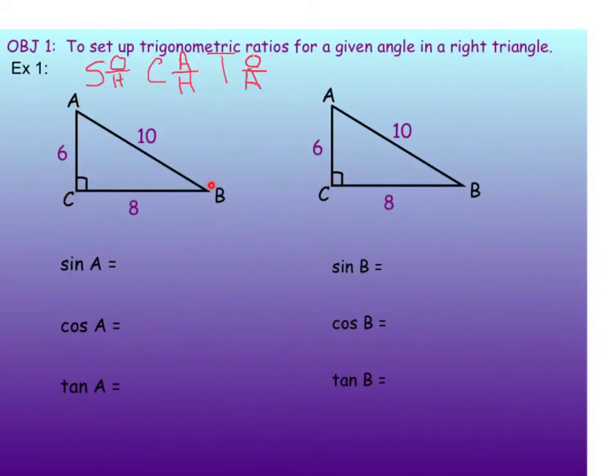So first things first, let's set up our angle A. We're going to circle angle A. It means we're going to start here at angle A on this left side and identify the sides. Always, we remember this side here is always our hypotenuse, right? The one across from this little box is always our hypotenuse. Across from here, hypotenuse.